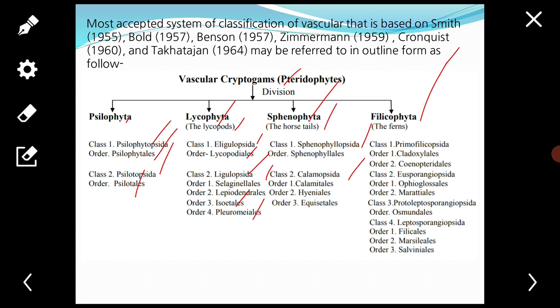The first class, Sphenophyllopsida, possesses a single order, that is Sphenophyllales. Class 2, Calamopsida, possesses three orders. Order 1, that is Calamitales, order 2, that is Hyeniales, order 3 Equisetales.